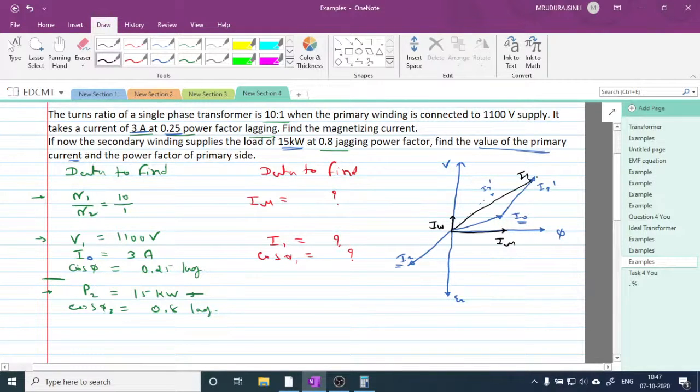We need to find this I1, we need to find I mu and the primary power factor. So we need to find phi, and from that phi we need to calculate cos phi 1. So these three things we need to find. First of all, we'll start with the easiest one, which is I mu, the magnetizing current. So let's go for the solution now.